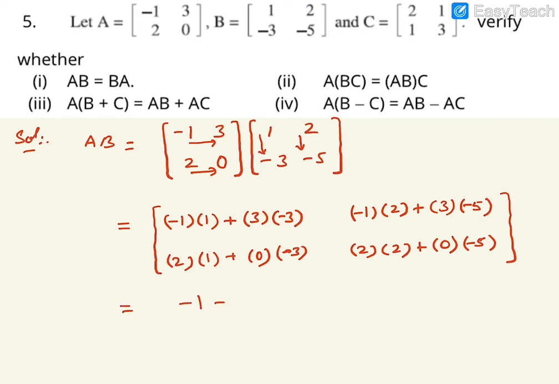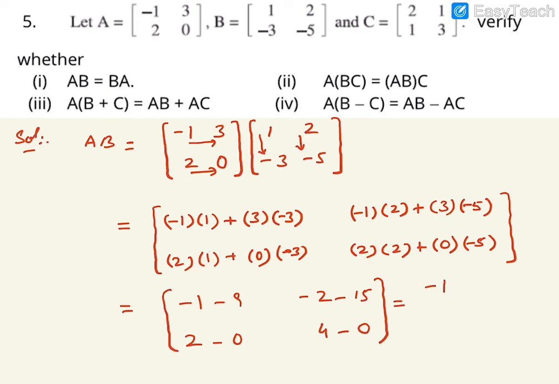So negative 1, minus 9, minus 2, minus 15. 5 times 3 is 15, plus minus minus. 2 plus or minus 3 times 0 is 0 anyhow. 2 times 2 is 4, minus 5 times 0 is 0, plus 0 minus 0 doesn't matter.